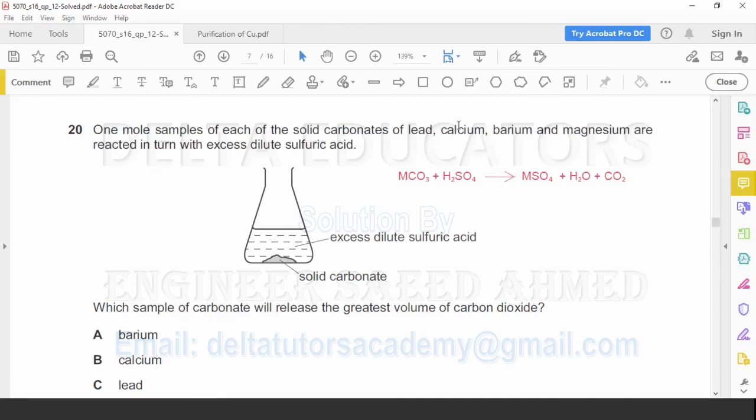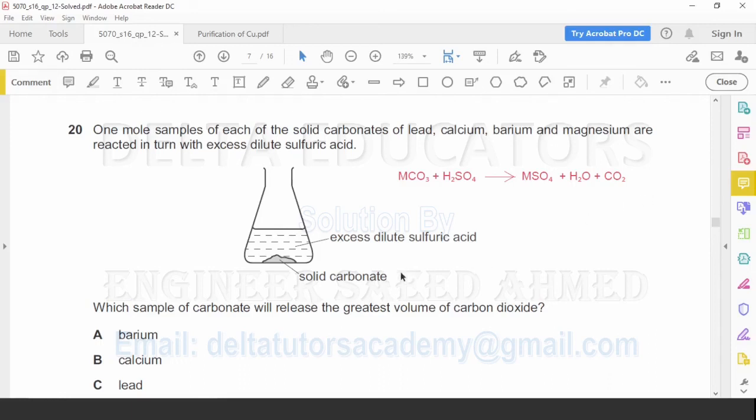Now if we react lead carbonate, calcium carbonate, barium carbonate or magnesium carbonate, the same number of moles of carbon dioxide we will get. Since the number of moles of carbon dioxide in all the 4 cases is the same, the volume of carbon dioxide should also be the same in all the 4 cases.